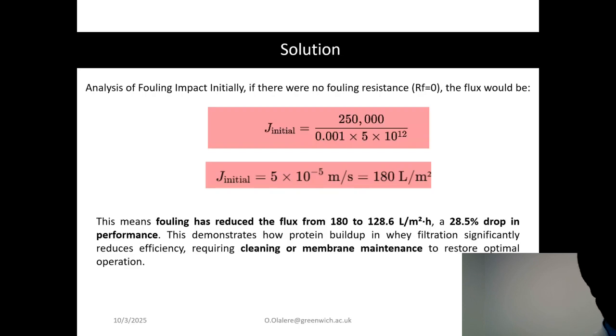Now, the first thing we do is check if there is no fouling. You know there was fouling before that we calculated, right? Now, it's more or less like we calculated Rm, Rf, that's the total resistance. Now we want to see what will be the impact of that fouling.